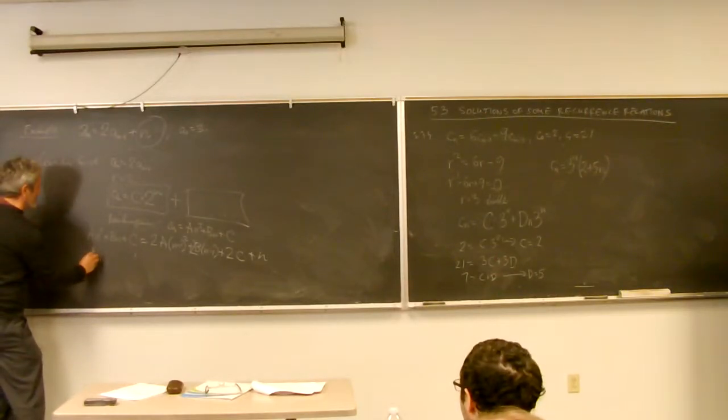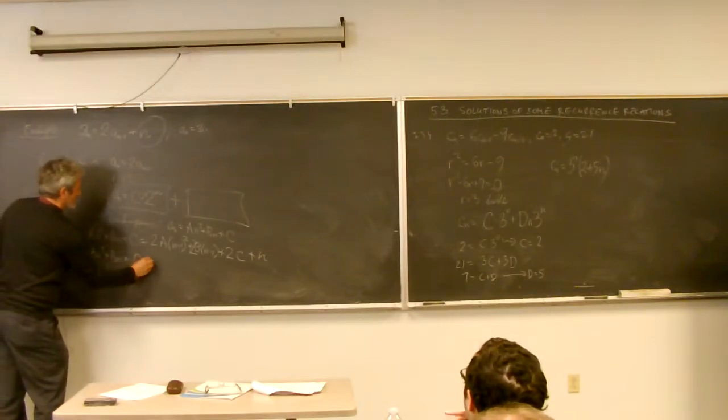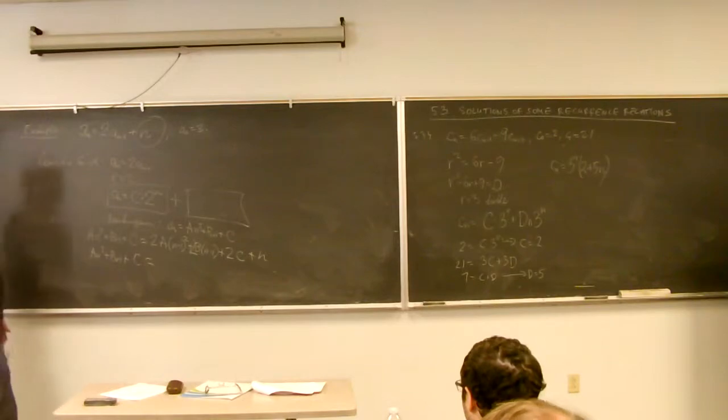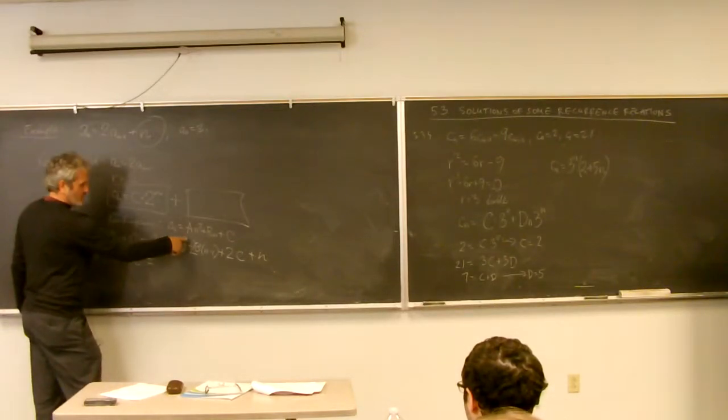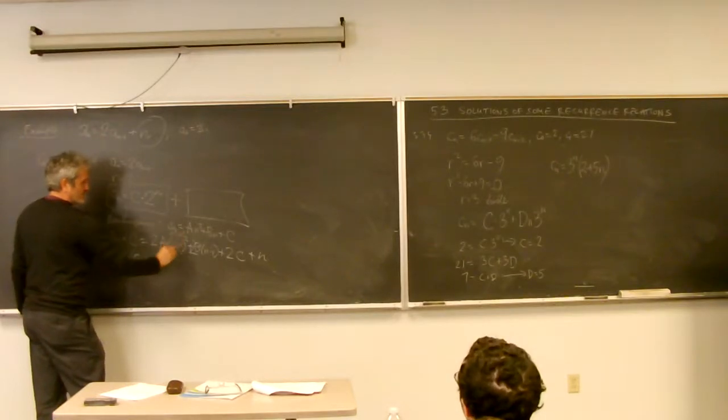So I get the following, an squared plus bn plus c equals... I'll square this, n squared minus 2n plus 1, you know that.